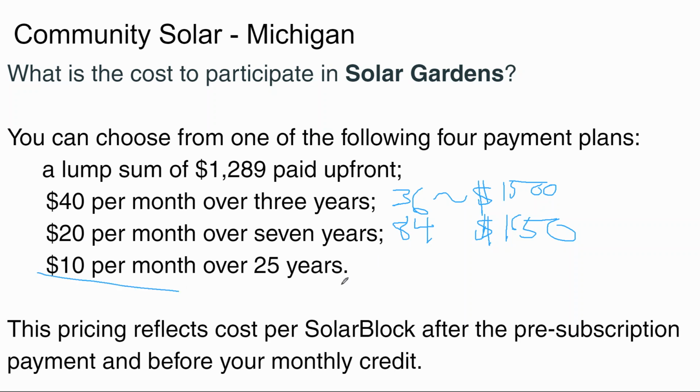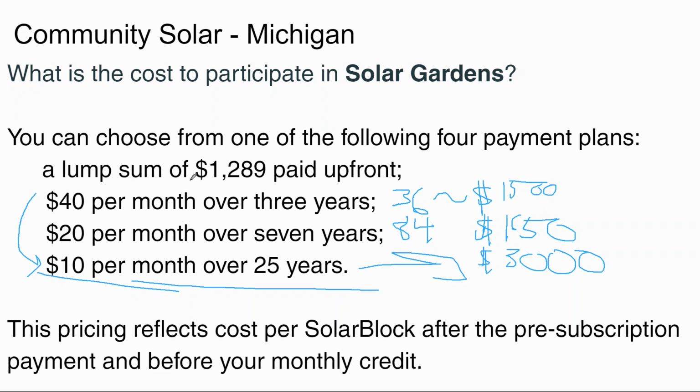Or the $10 option for 12 months over 25 years is going to be closer to $3,000 or so, maybe $2,800. And so by the time you get into the long-term financing deal, you're spending more money versus paying up front. And what's the net impact of that?